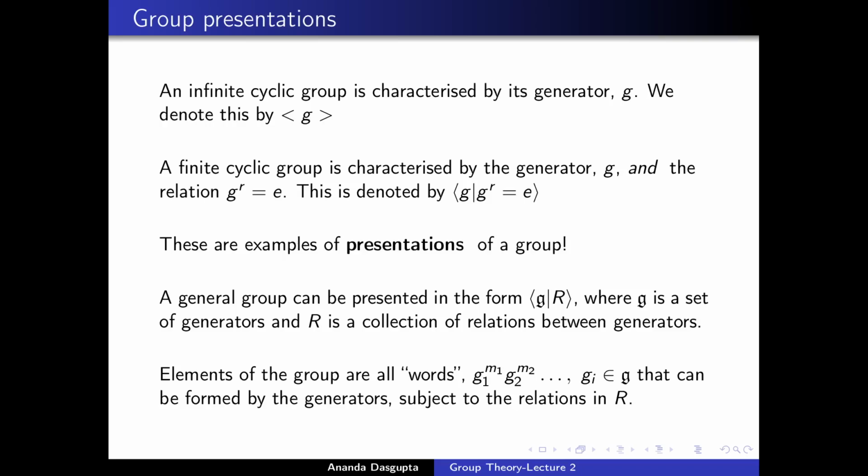So you could even repeat the same generator several times and so on. But the group that we are going to talk about is a group formed by these words and associativity taken for granted, along with the set of relationships which is listed out in capital R.